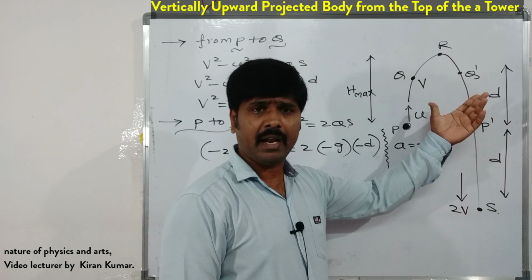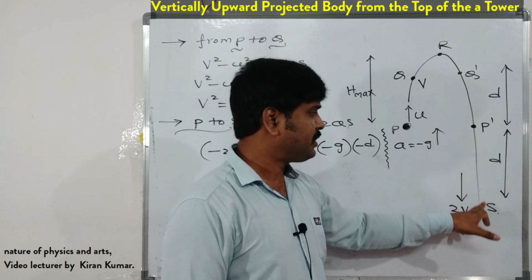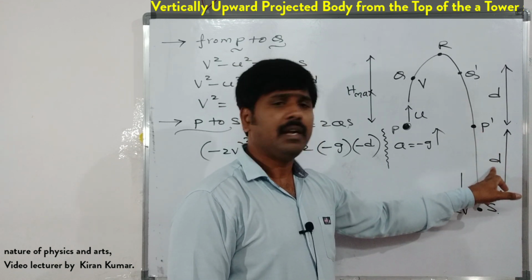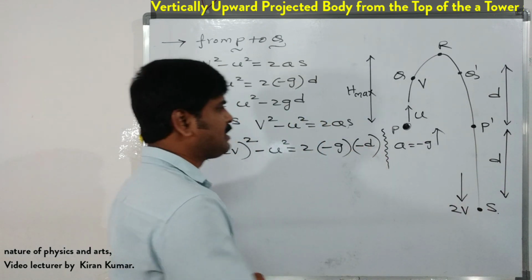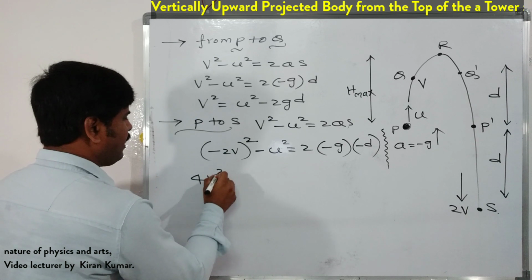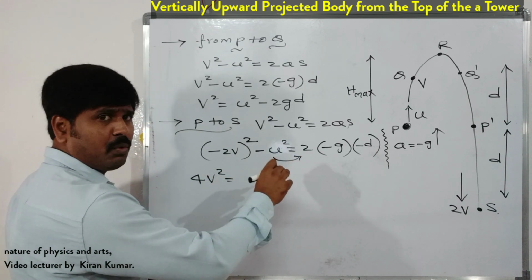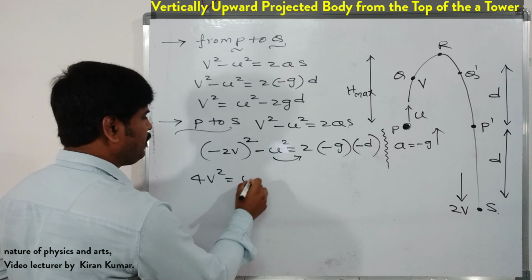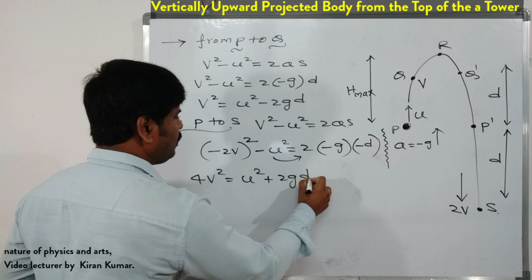We can consider displacement as a vector, so it gets cancelled. The remaining distance is P dash to S, that is d, along the negative y-axis, taken as minus d here. So then 4v square, the U square moved from the LHS to the RHS, so we get U square plus 2g into d.